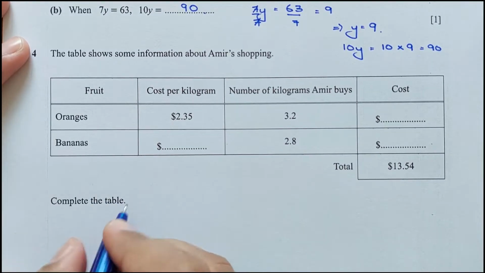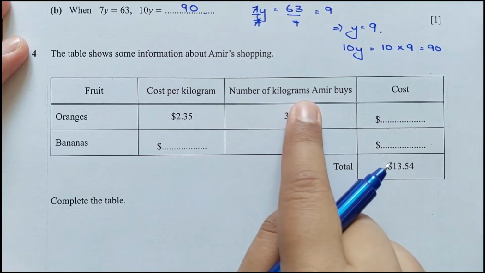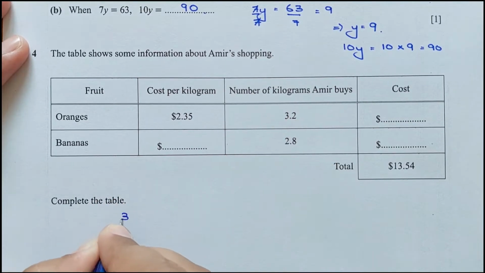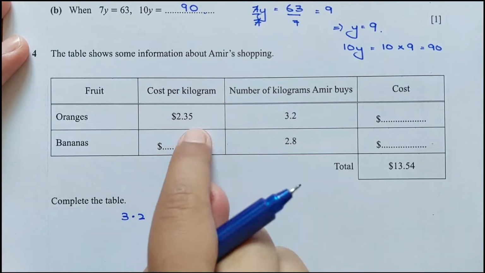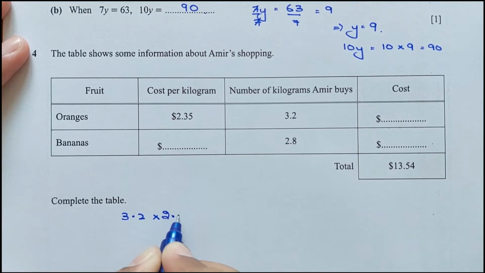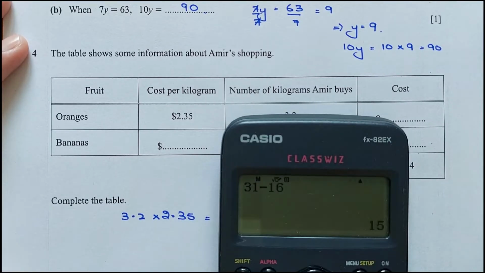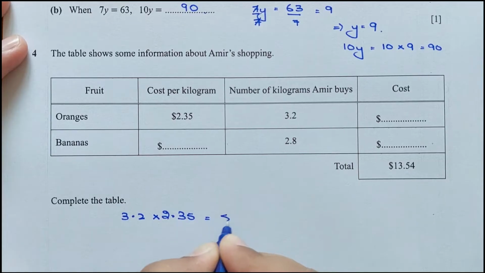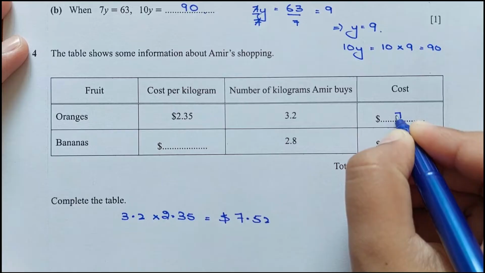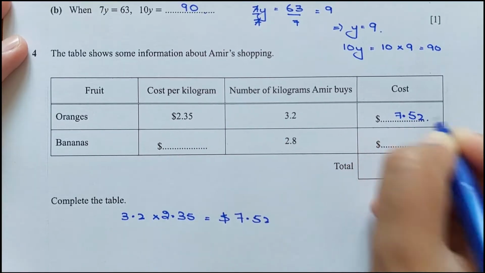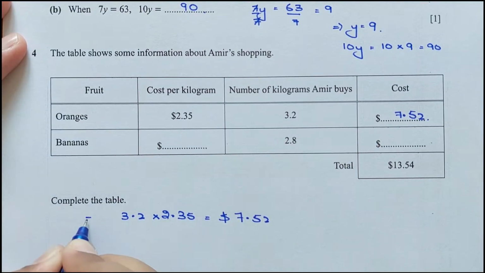The number of kilograms of oranges is 3.2, times the cost per kilogram of oranges, $2.35. Here we will get the total cost of oranges. 3.2 times 2.35 is going to be $7.52.